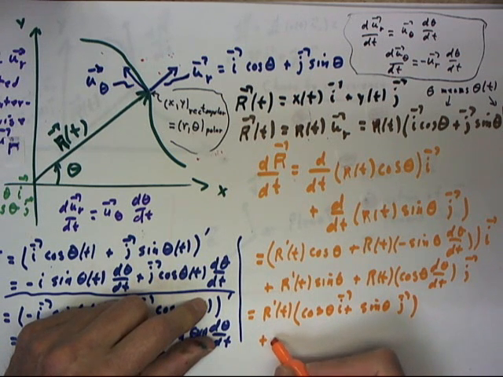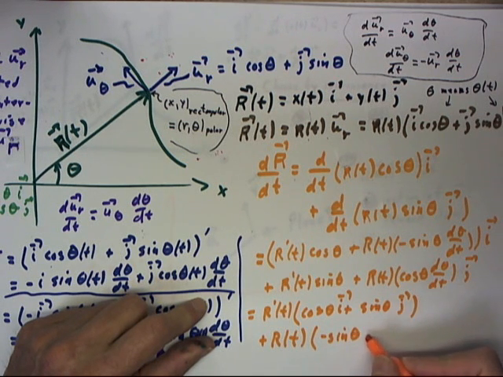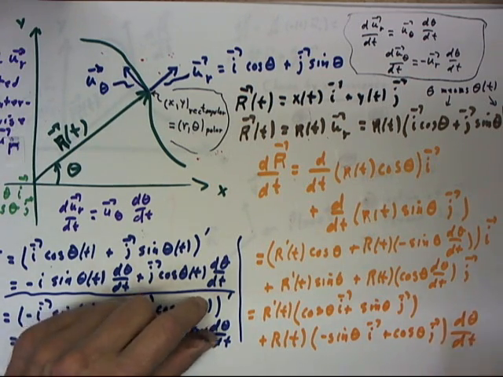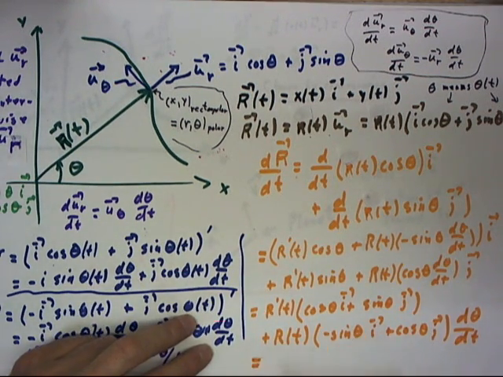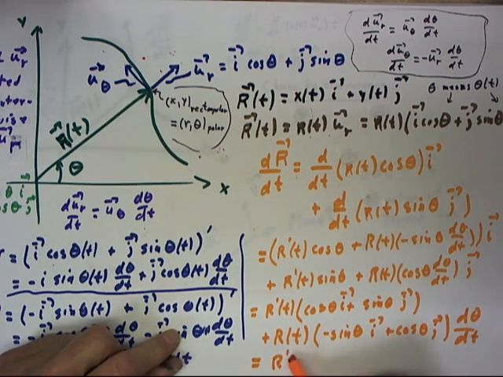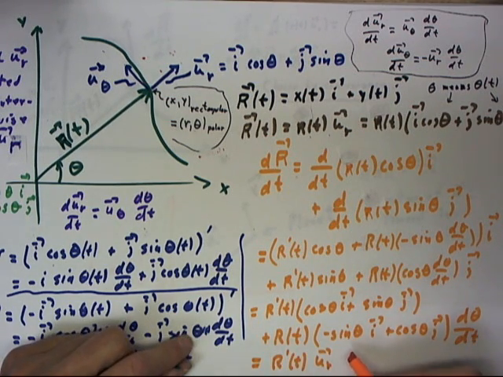And then it's plus r of t multiplied by negative sine theta i plus cosine theta j multiplied by d theta dt. And this vector is just our u sub r vector, and this vector here is our u sub theta vector.